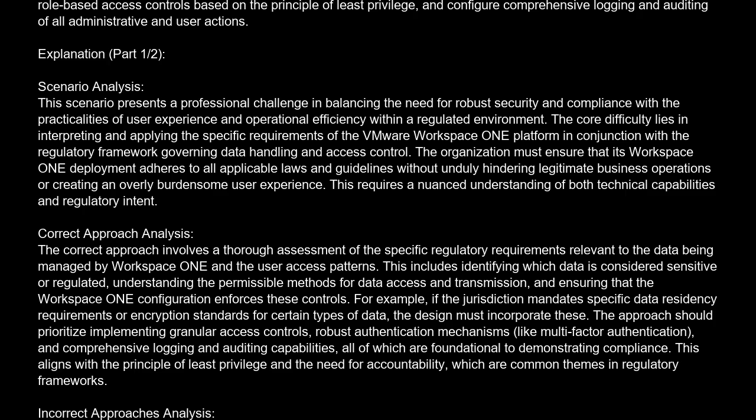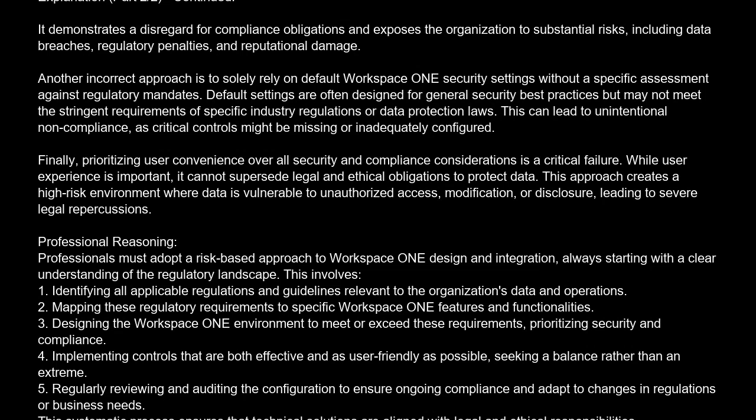Incorrect approaches analysis. Implementing a blanket policy of disabling all advanced security features to improve user experience is a significant regulatory and ethical failure. This approach directly contravenes the spirit and often the letter of regulations designed to protect sensitive data. It demonstrates a disregard for compliance obligations and exposes the organization to substantial risks, including data breaches, regulatory penalties, and reputational damage.